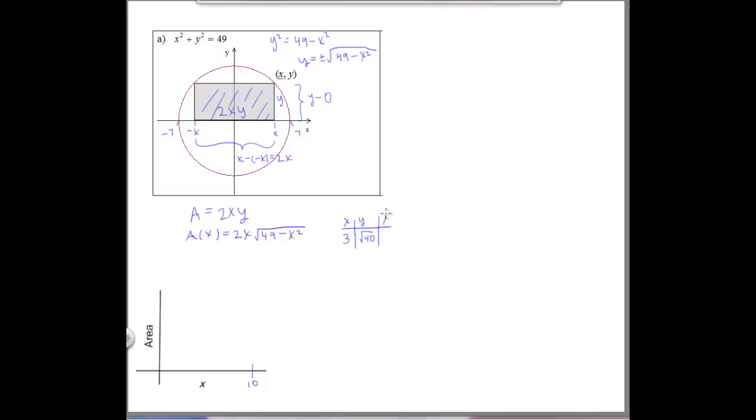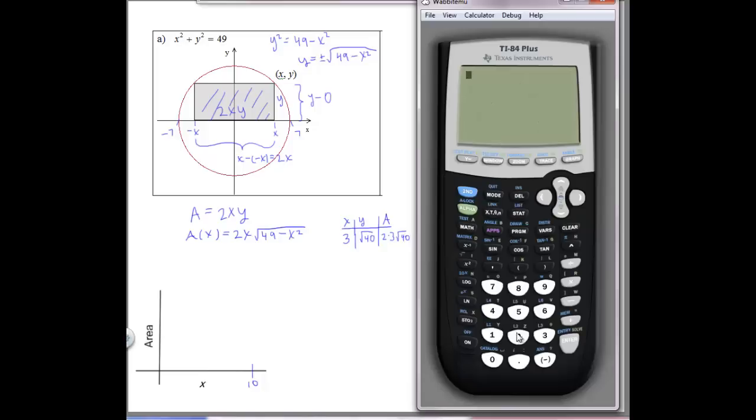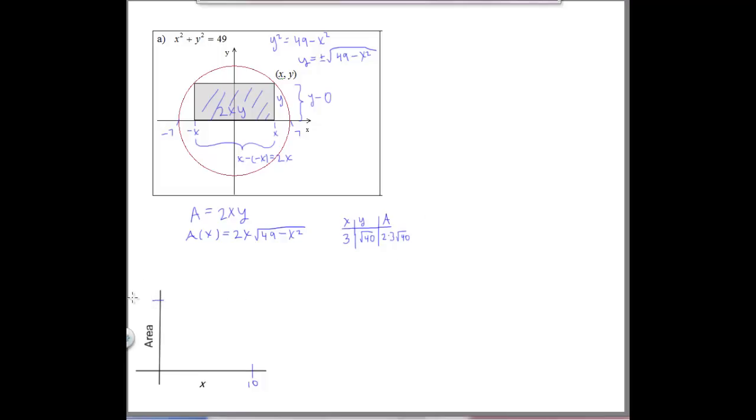Then the area will be 2xy, so that's 2 times 3 times the square root of 40, which is about 38. So double or triple that, and we'll say 60 for a good area.